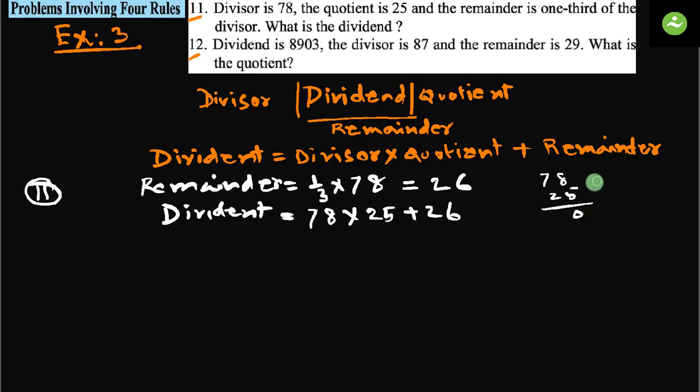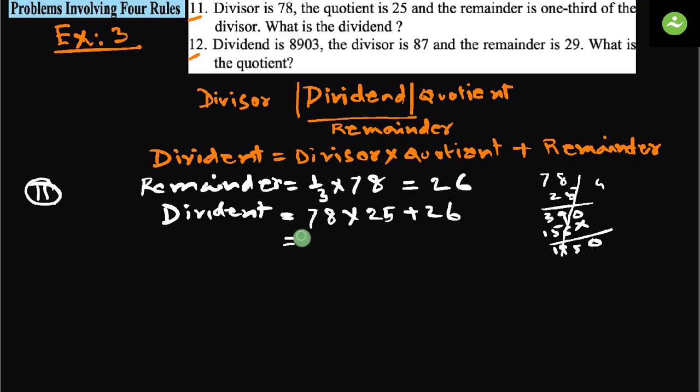5 into 8 is 40, 4, 5 into 7, 35 and 4, 39. 2 into 8, 16, 2 into 7, 14 and 1, 15. 0, 9 and 6, 15, 9 and 1. 1950.